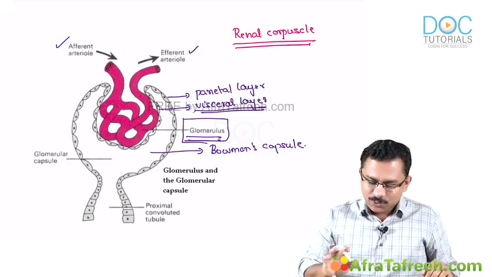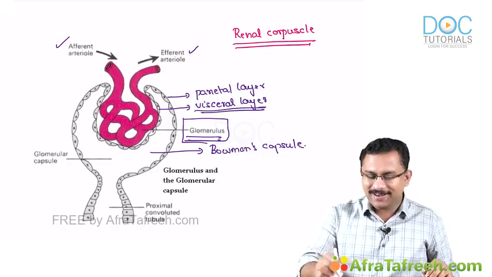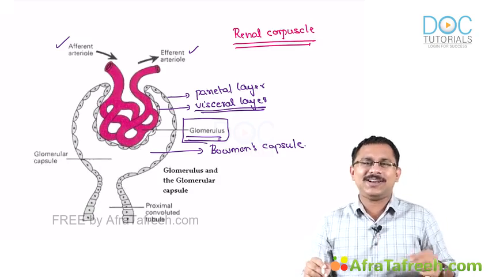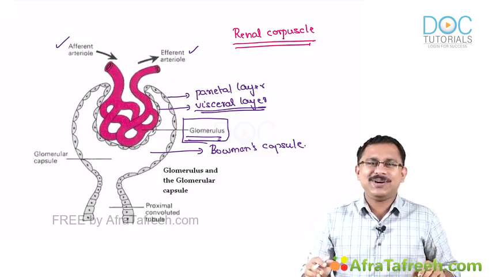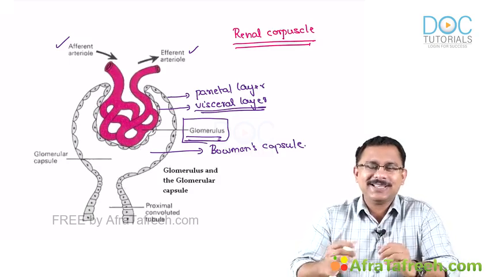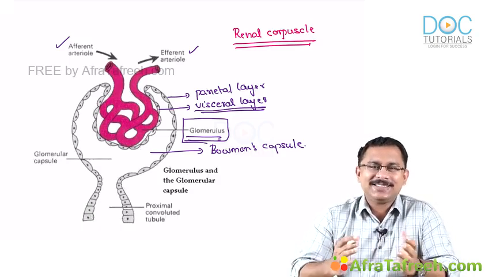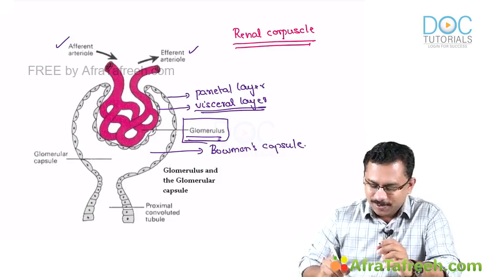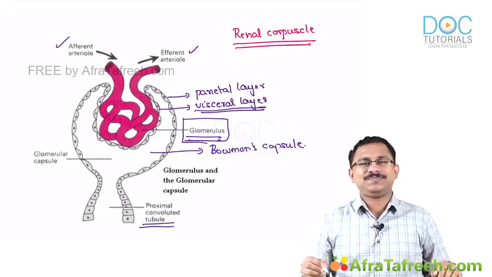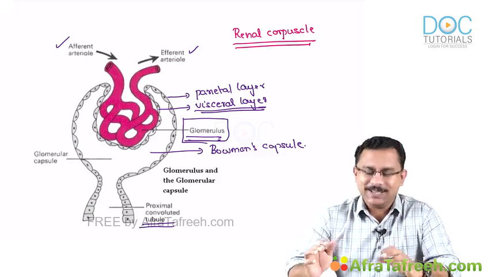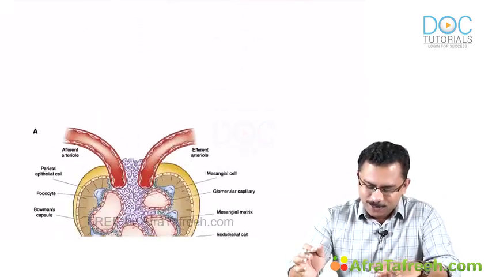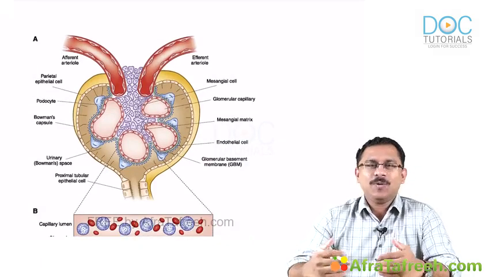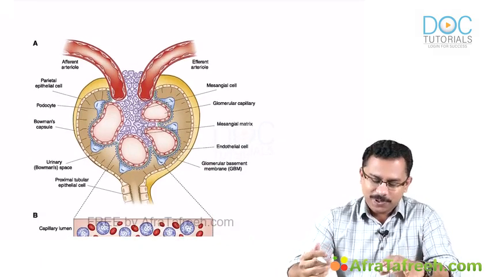So I think so far it is very clear: efferent arteriole, glomerulus, the Bowman's capsule, the renal corpuscle, the parietal and visceral layers of the Bowman's capsule, and here the proximal convoluted tubule. Basics. Now let's go to the finer details.